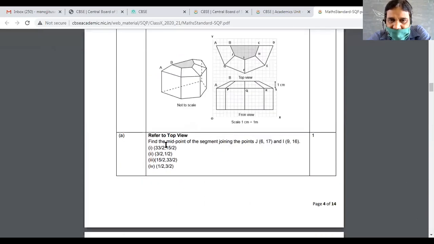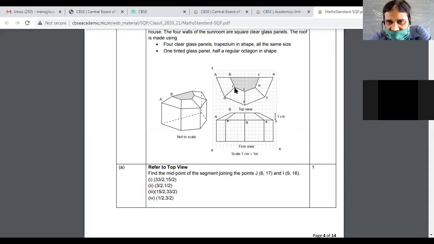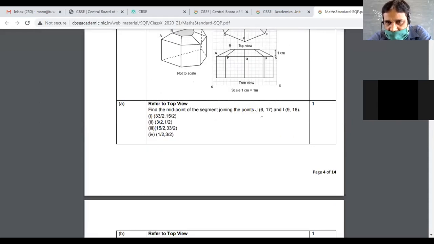See, find the midpoint of the segment joining the points J and I. Mostly the students will refer to the picture, but for this question this is not at all required. Without seeing the picture you can tell, because the coordinates are already given and the midpoint is asked.